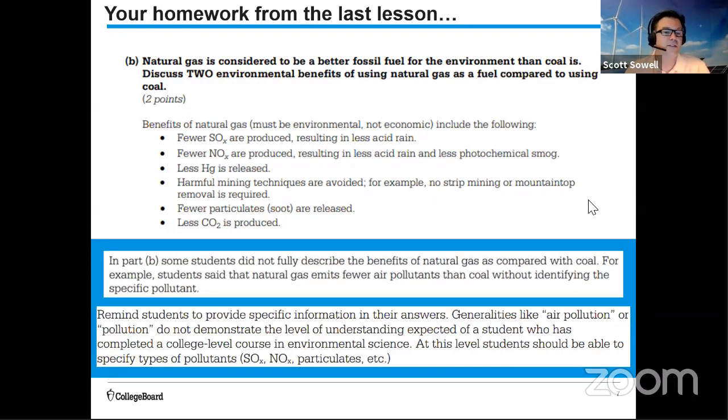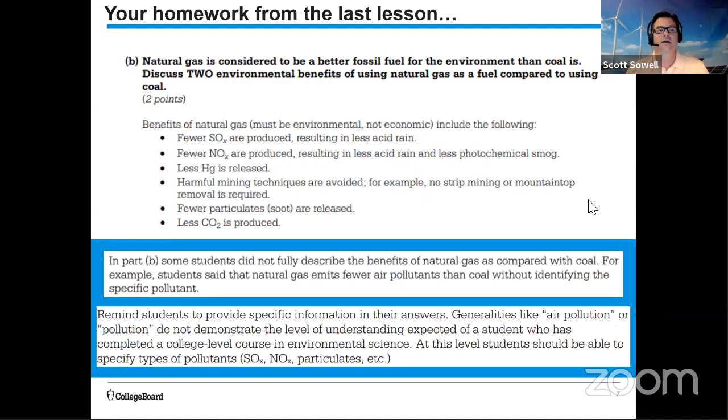So the advice to teachers based on these problems was remind students to provide specific information in their answers. Generalities like air pollution or pollution do not demonstrate the level of understanding expected of a student who has completed a college level course in environmental science. At this level, students should be able to specify types of pollutants like SOx, NOx, particulates, mercury, things like that.